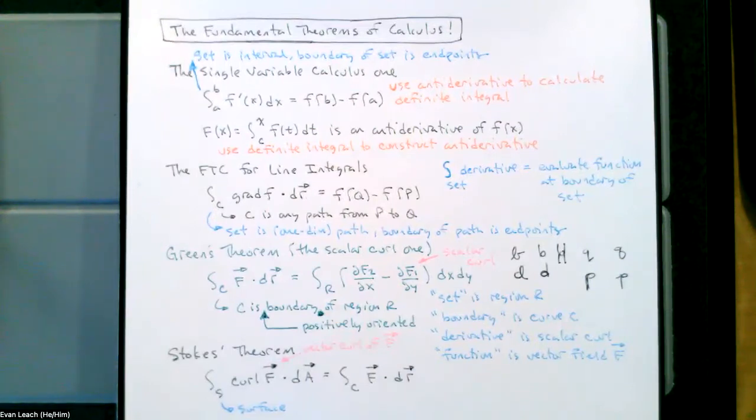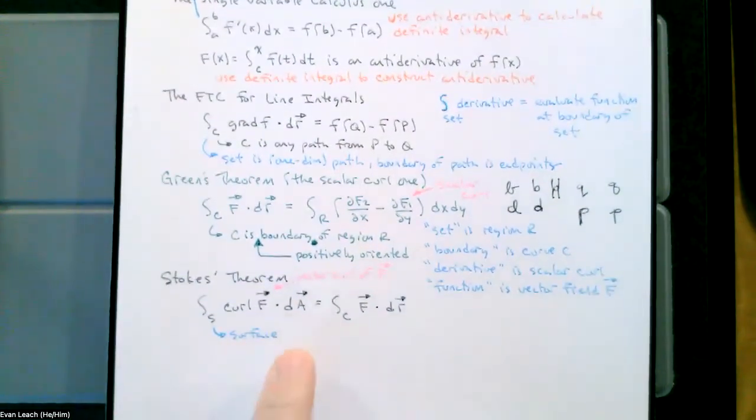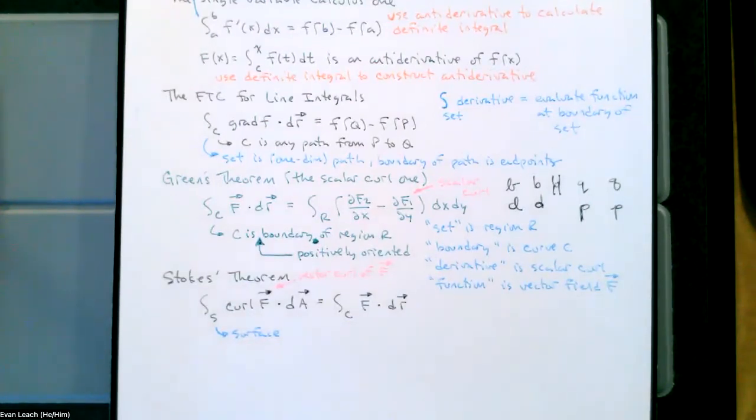Usually we wrote dA, but I wanted to emphasize that this is a double integral. But that dA was some small piece of a region. So it makes sense. If I say S is some surface, we look at this dA and say, ah, that dA is some small piece of the surface. But then we have to stop and say, hold up, why is dA a vector? Well, first of all, it has to be. It's involved in a dot product.